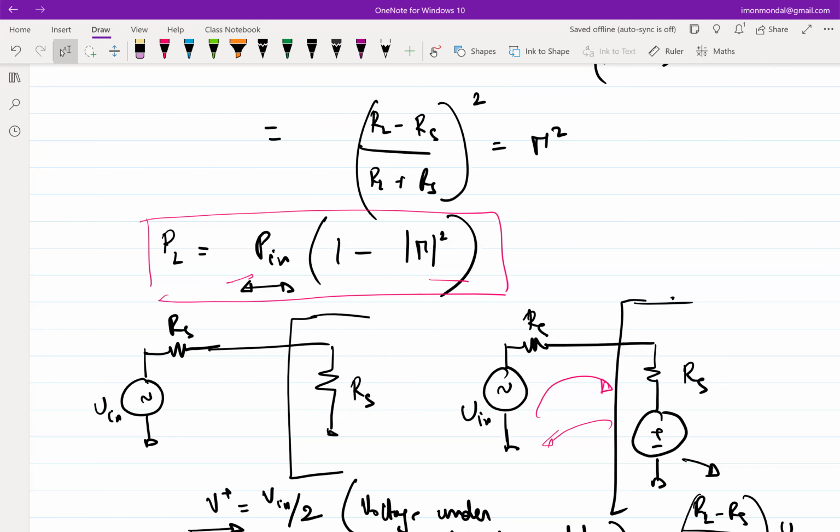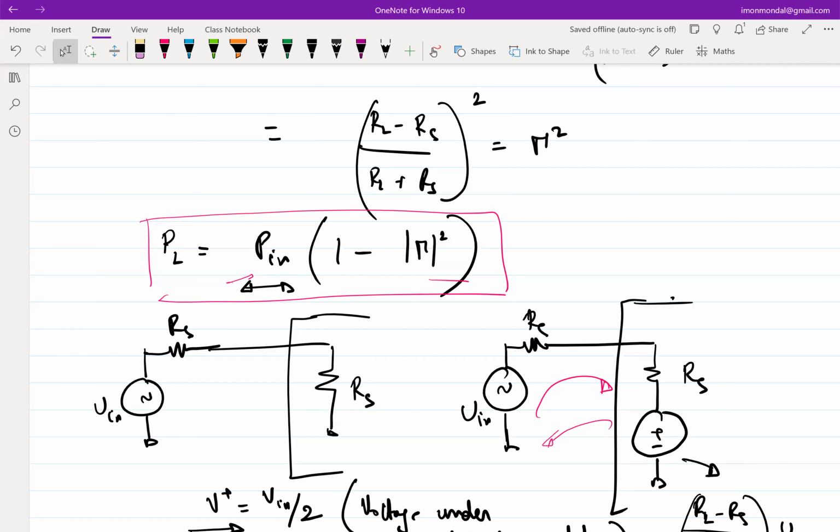Kind of superimposing, but I wouldn't use that term, because superimposing is when you have multiple sources in the same circuit. Here we are essentially changing the circuit itself, to align with the definition.